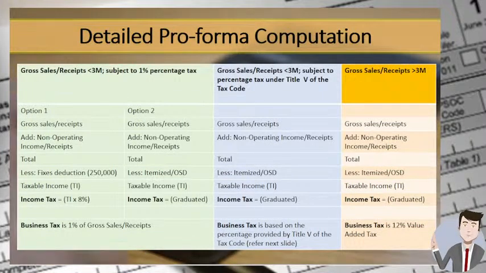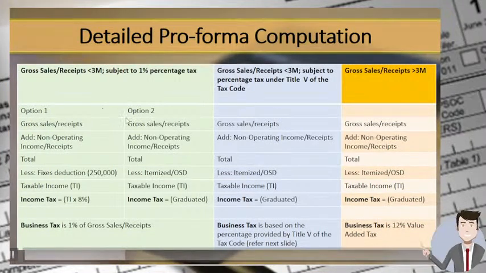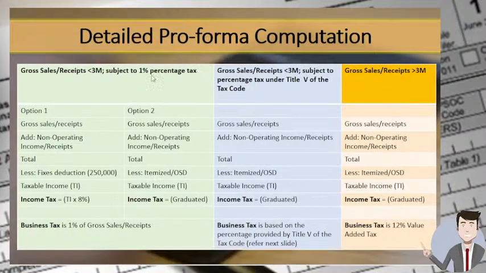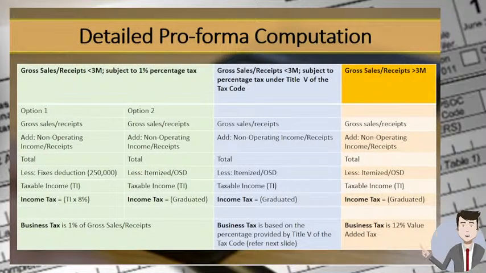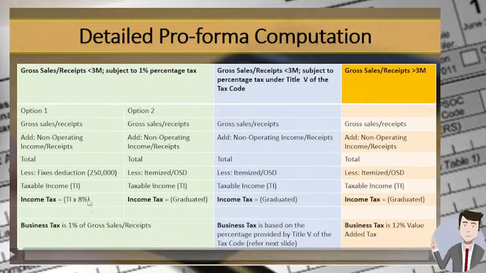Again, there are two options available for a taxpayer under this bracket. The first option is the 8% income tax rate on gross.